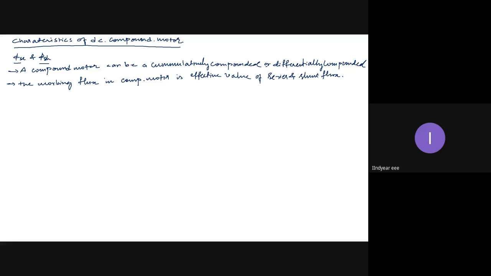Now, if the effective value is addition of these two fluxes, then it is called a cumulatively compounded machine. If the effective value is addition of phi SE and phi SH, this motor is known as cumulatively compounded motor.